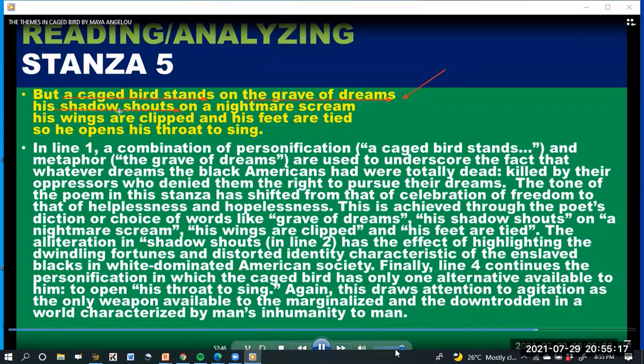Look at a bird whose wings are clipped: it cannot fly. And when your feet are tied, you can't walk away from your deplorable situation, that's your ugly situation.